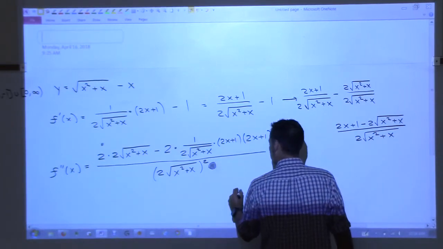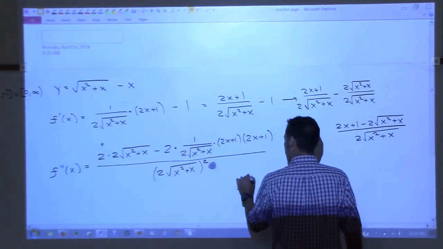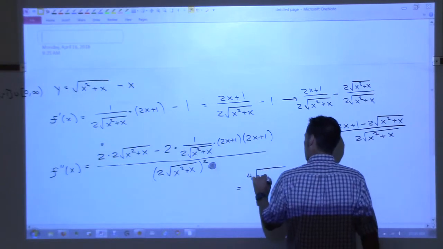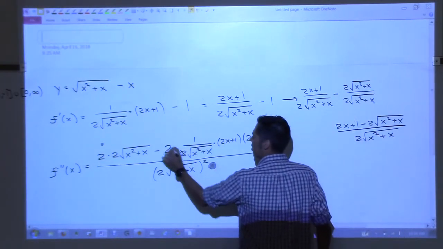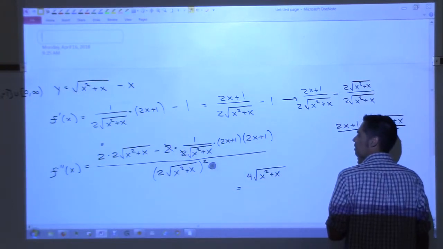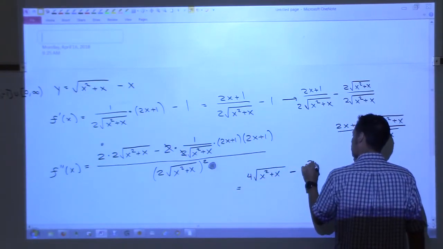This is 4 root x squared plus x. And then these two's canceled. So we have minus 2x plus 1.